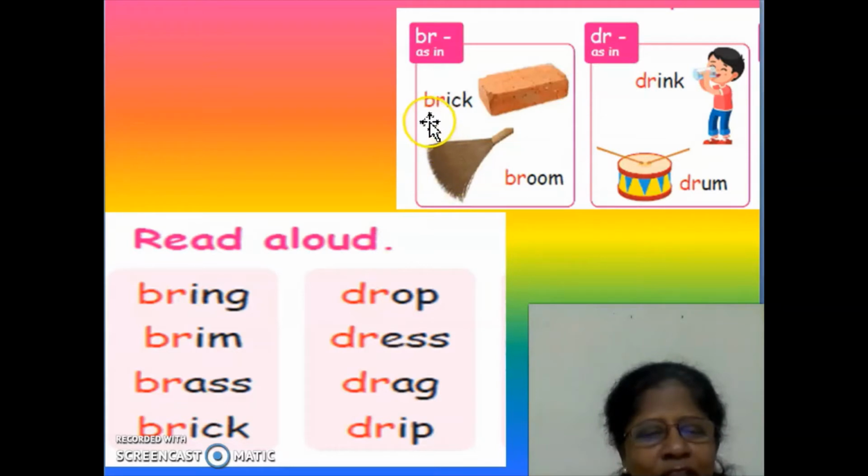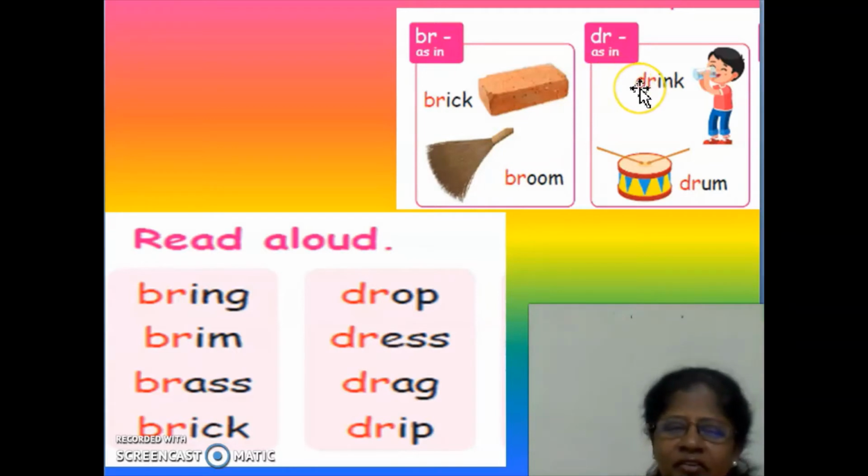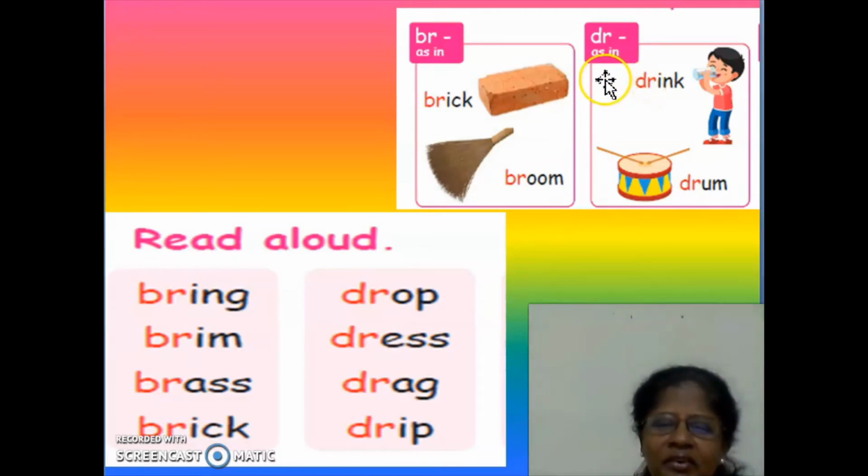Now you see the br: brick, broom. Now you see the dr: drink, drum.